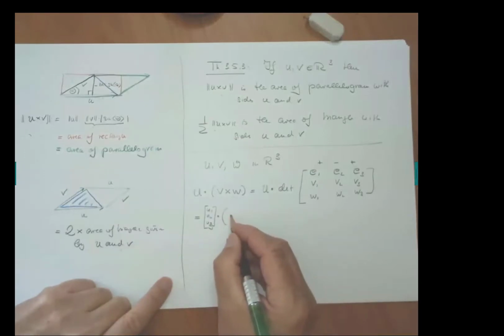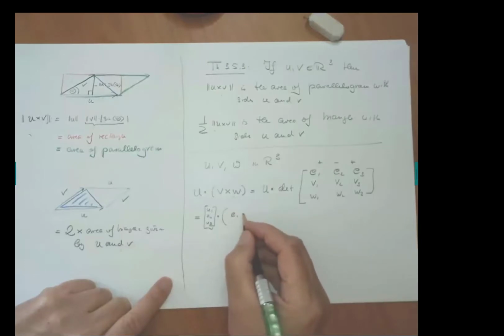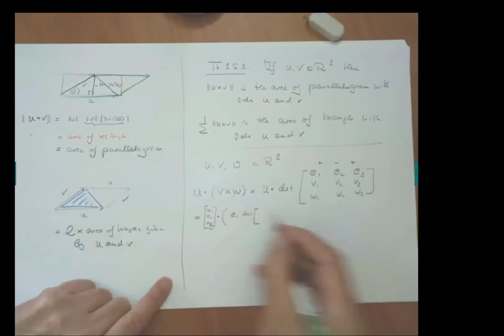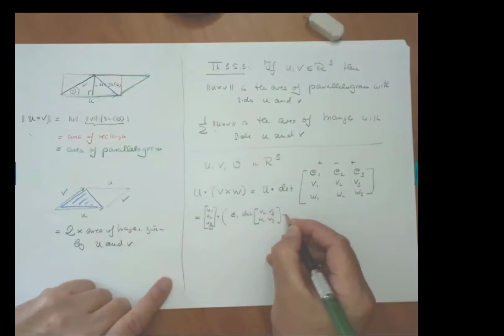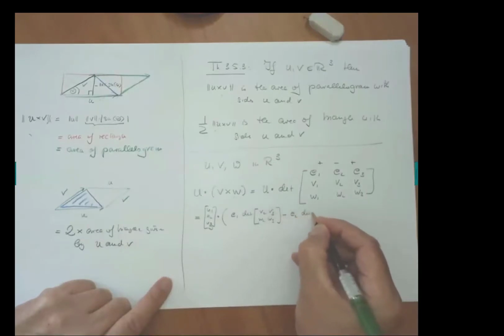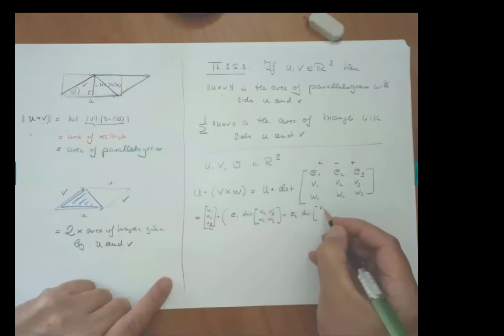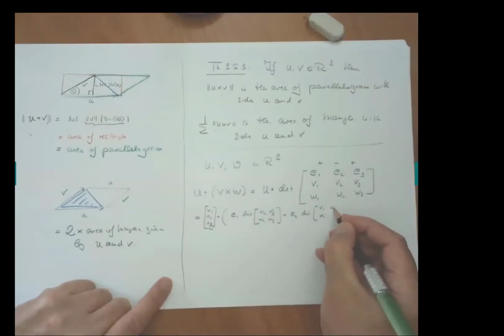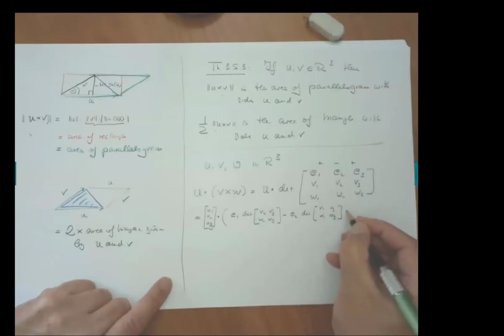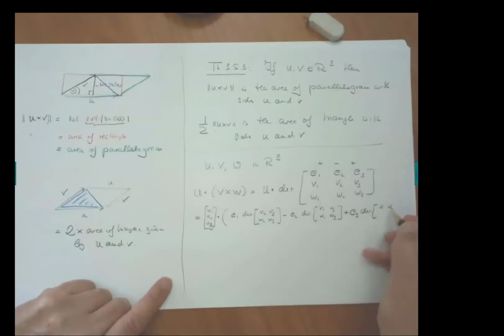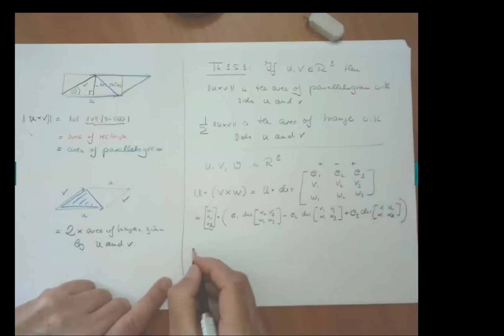So we have E1. Remember, this is 1, 0, 0. I don't like to write it now, but it's E1 times the determinant of V2, V3, W2, W3, minus E2 times the determinant of V1, W1, V3, W3, plus E3 times the determinant of V1, V2, W1, W2.